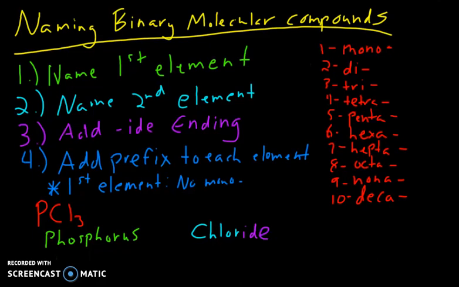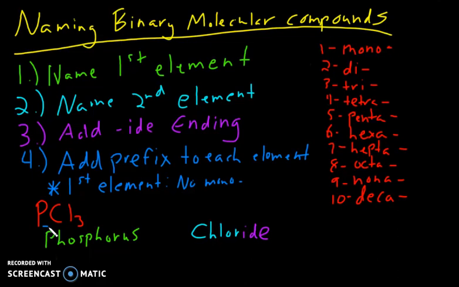Since there's only one phosphorus, there's no prefix that we're going to add because of that star rule that we had. It said that if there was one of the first element, we don't add the mono prefix, so it's just phosphorus, since there's no subscript there.